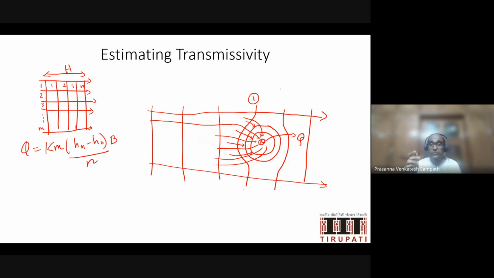Now let us say the thickness of the aquifer is capital B. Okay. Then I just multiplied by B. I get Q equal to K times M times (Hn minus H naught) divided by N, into B. Okay, B being the thickness of the aquifer perpendicular to the screen. Now remember what I'm showing here is the plan view of an aquifer.